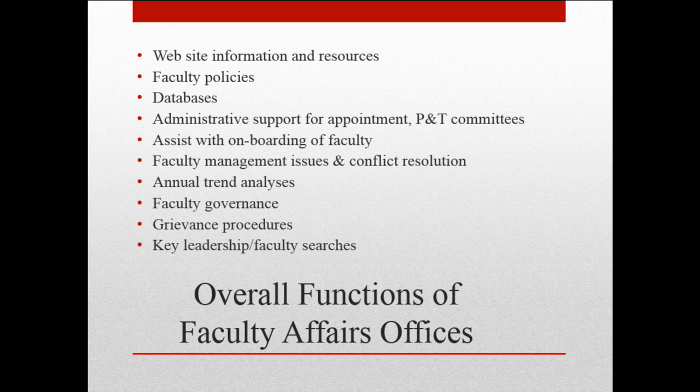And then another responsibility that these offices have is in terms of key leadership and faculty searches. My office is responsible for coordinating the senior academic searches, and since I've been there 2.5 years, we're now doing our 3rd dean. We did the College of Medicine, College of Health-Related Professions, and now we're doing the College of Nursing dean replacement.